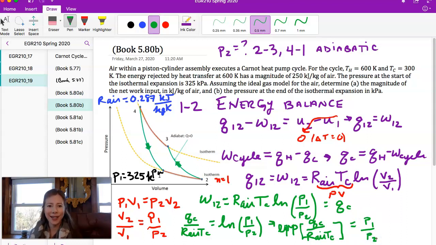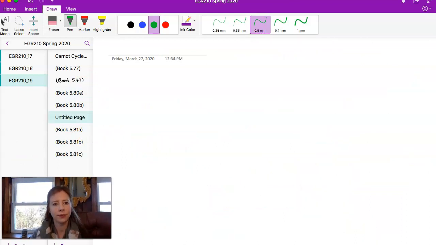Okay, let's keep going. I'm going to open up one more fresh sheet here. So this is going to be 580B.